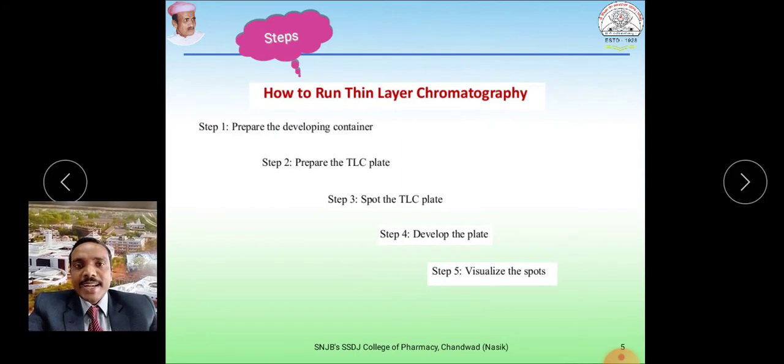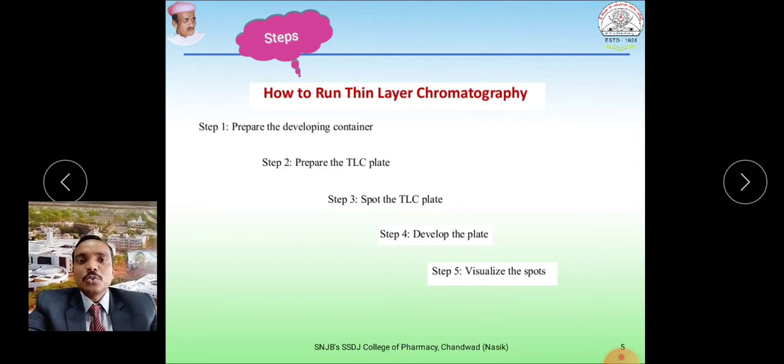Next, after drying of that prepared TLC plate, the stationary phase, we have to spot the component which we want to separate at a certain distance from the bottom of that plate. Then we place this plate in the TLC chamber. After some time we remove that plate from the TLC chamber, and after drying we visualize the spots. So likewise TLC is performed.